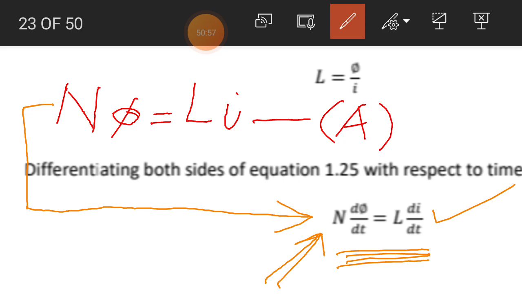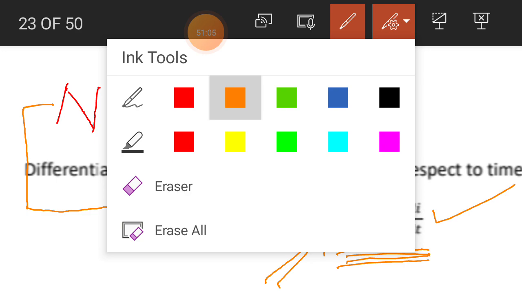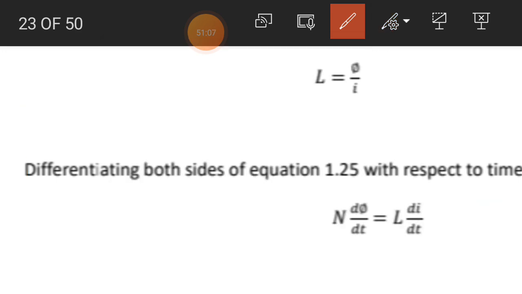This is how we induce a voltage in this particular coil, which is known as a self-induced voltage. So we replace the left hand side of this equation by VL in accordance with Faraday's law. It means that VL will be equal to L di by dt.